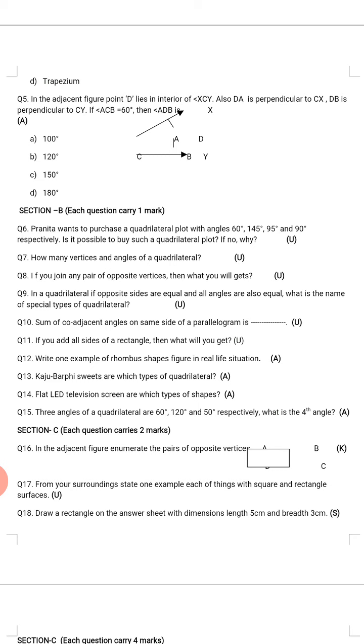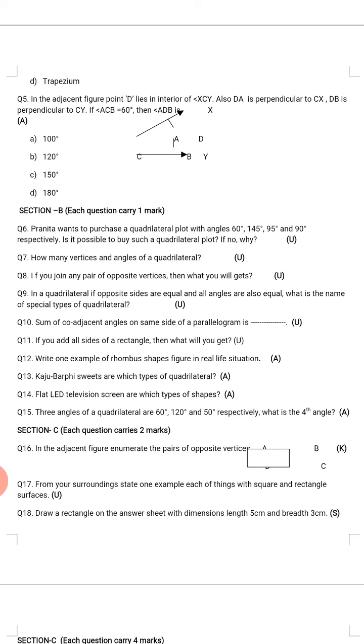Next question: if you join any pair of opposite vertices, then what will you get? They know the definition, and from that definition they will identify the type. That is why this question goes to understand. Now question number 9: in a quadrilateral, if opposite sides are equal and all angles are equal, which special type of quadrilateral will you get?